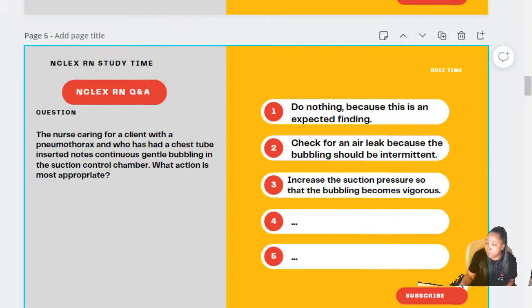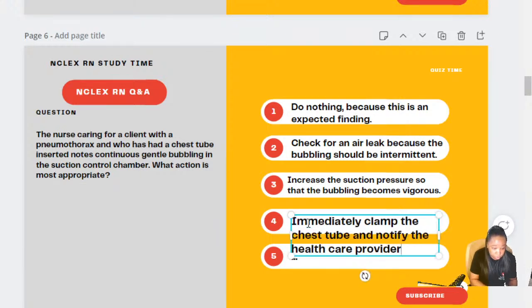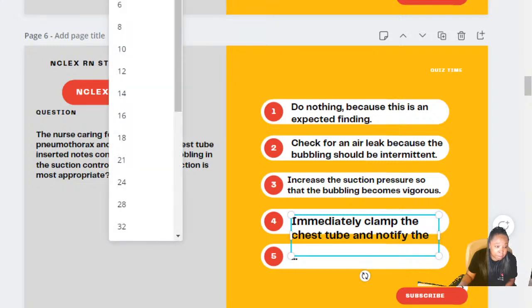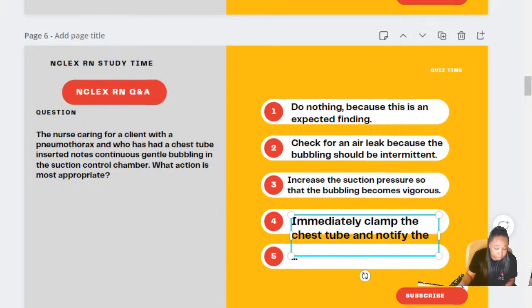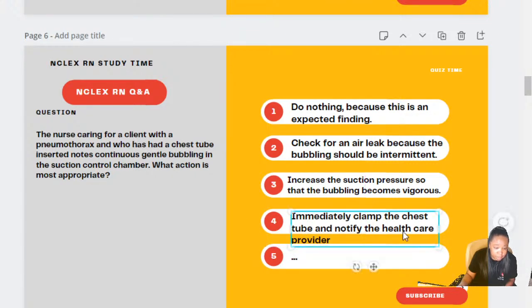What if we go to the next one? The next one says, immediately clamp the tube. Will you clamp the chest tube? There's a certain amount of time you should not go over if you have to clamp the chest tube in an emergency. Mostly, they always tell you never clamp the tube.